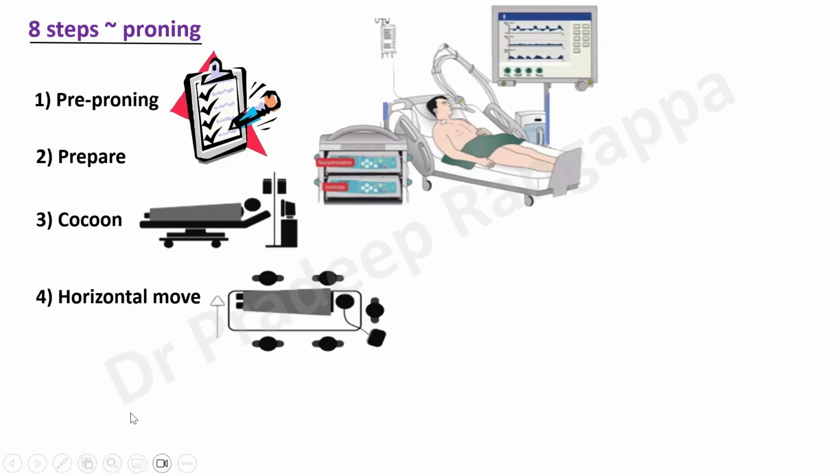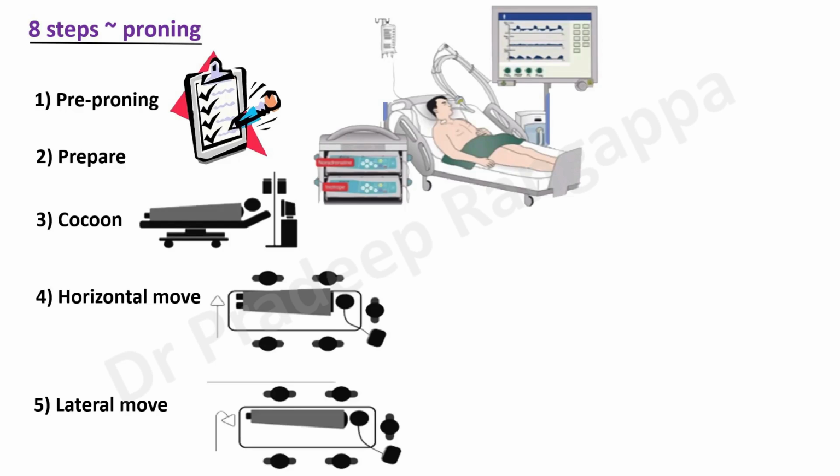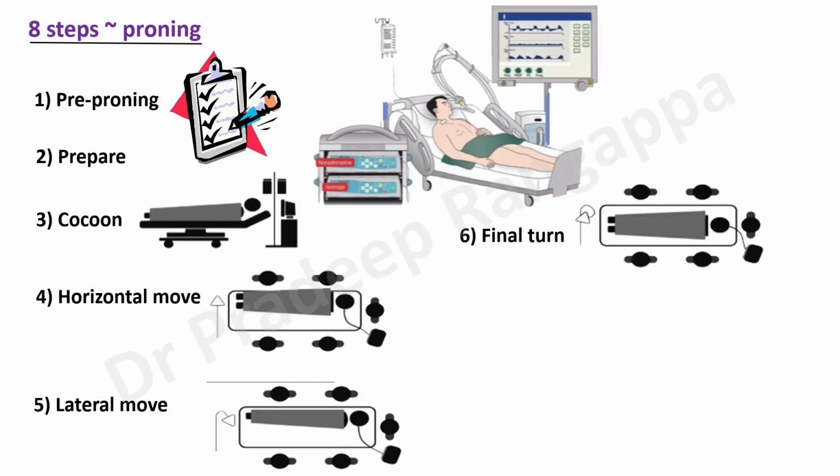Just remember, this is an ARDS patient who is on high ventilator support, so the person managing the airway at the head end becomes terribly important. The fifth one is the lateral move, which means you put the patient on one side, either left lateral or right lateral, whichever side you have moved, and then the final turn where you prone the patient.